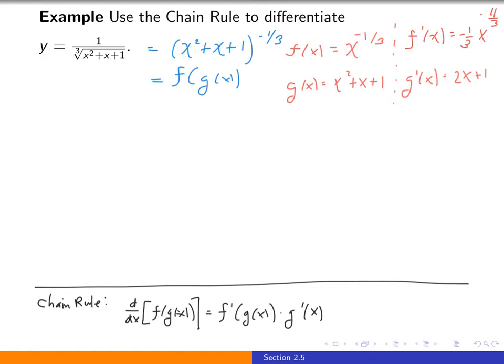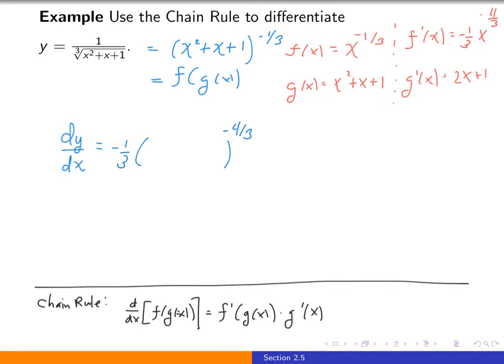So now applying the chain rule, dy dx is going to be f prime of g of x. So intuitively what we need to do is take this formula we have for f prime, and everywhere we see an x, we're plugging in that function g of x. So we take the derivative of the outside, minus 1/3, I'm just leaving a space where that x is, something raised to the minus 4/3.